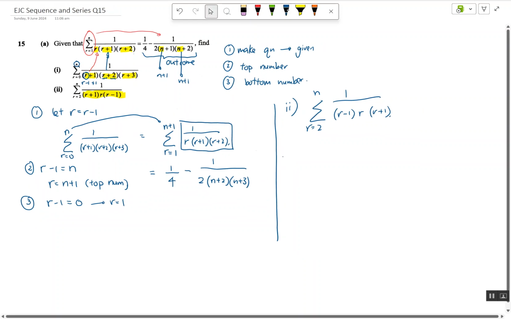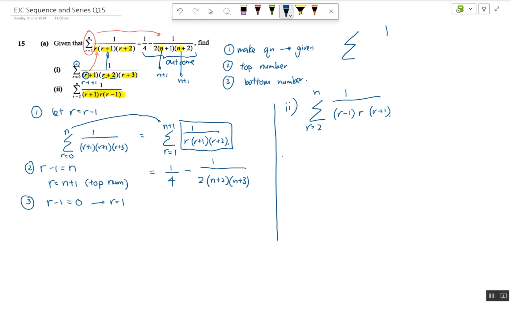My original sequence over here is r, r plus 1, r plus 2. So what do you think I should let r be? Remember your first step: I must make the question look like the given. I know that r must equal r plus 1, because from here I want to go to this, I need to add 1 step.